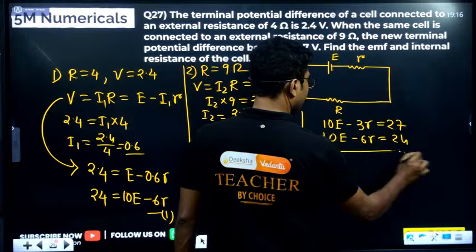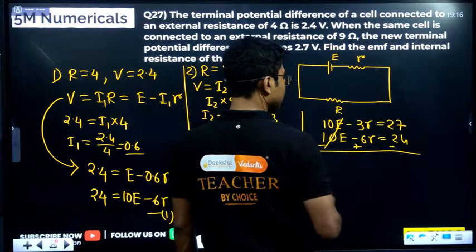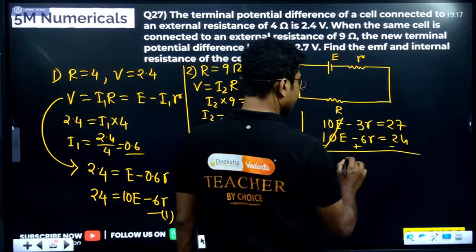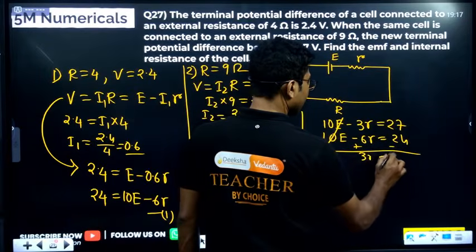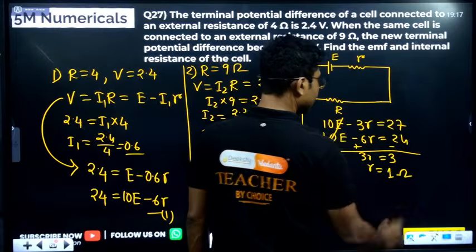Now subtract. The 10E terms cancel. You get minus 3r plus 6r, which is 3r, and on the right 3. So r becomes 1. So resistance is 1 ohm.